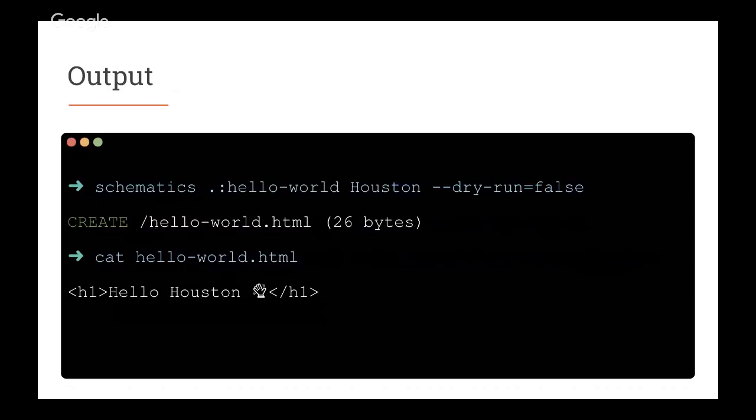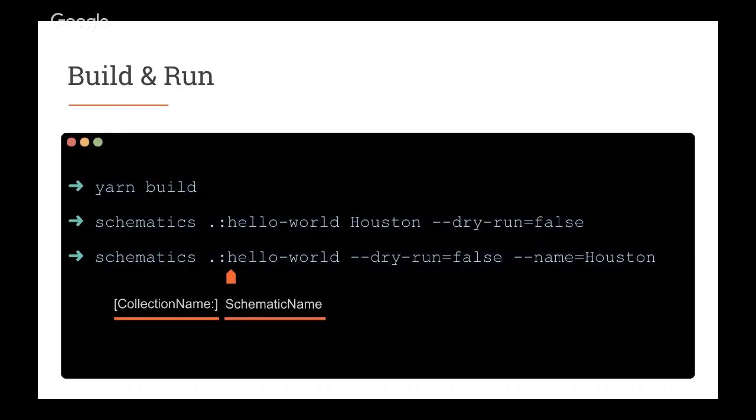So the dry run is true by default, which means if you don't put dry run false, I'm just repeating what you said to make sure that we're paying attention, it's not actually going to do anything. It's just going to tell you what would have happened. This is basically to protect you from yourself. Yeah. It assumes you're getting started and developing locally. It's just a little safeguard for now. So it'll show you the files that it has affected and what the effect was, whether it was create or update, in your terminal. But it won't actually make those changes. So you'll need to do dry run false for it to apply those changes. Well, it's good if you forget. You can actually just do it again.